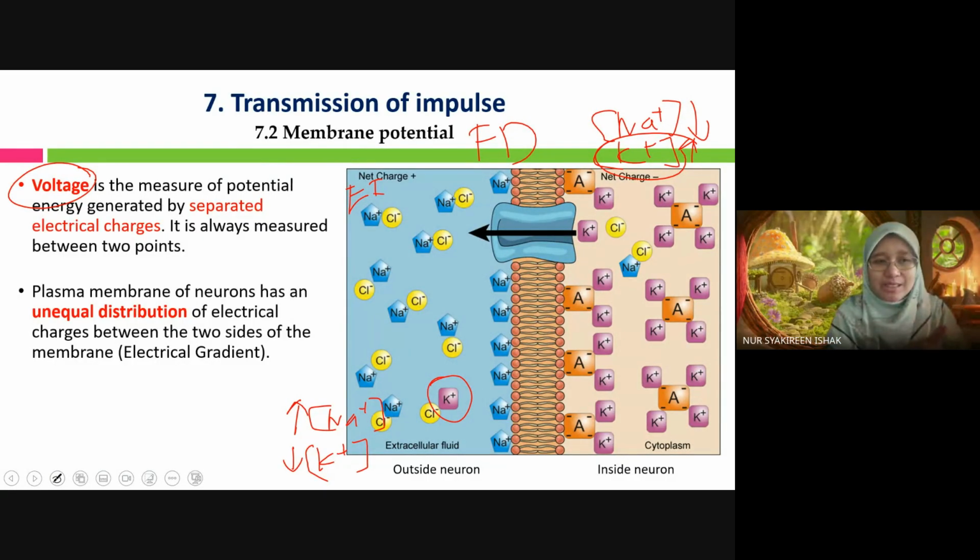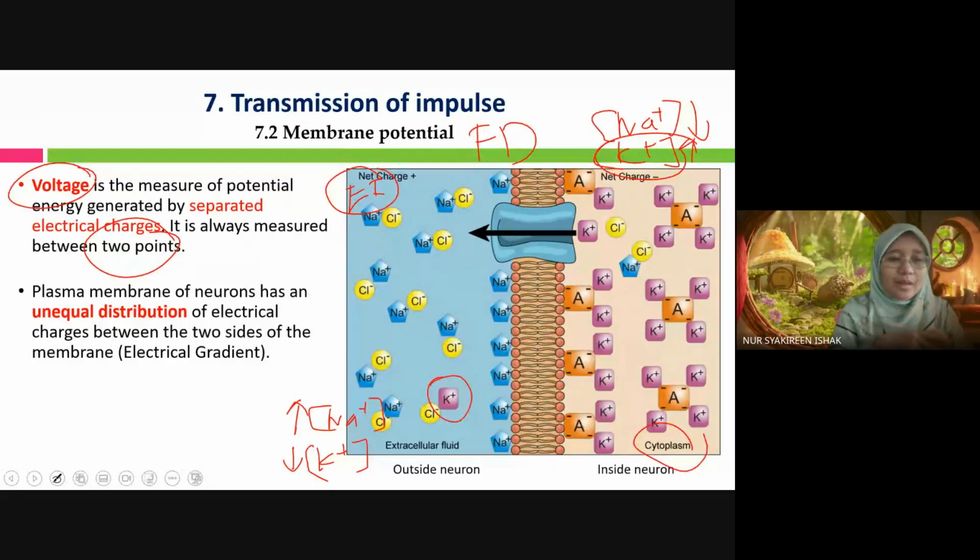Voltage is the measure of potential energy generated by separated electrical charges. It is always measured between 2 points, outside of the cell in the interstitial fluid side, extracellular fluid side, and inside the cell which is the cytoplasmic side.